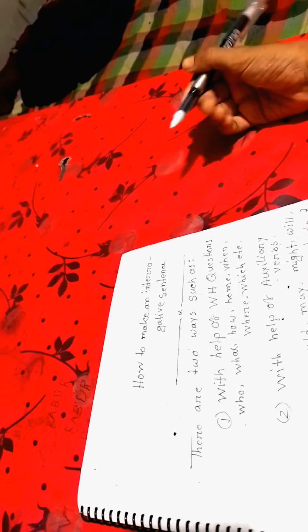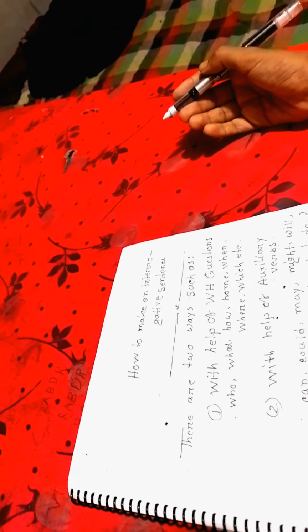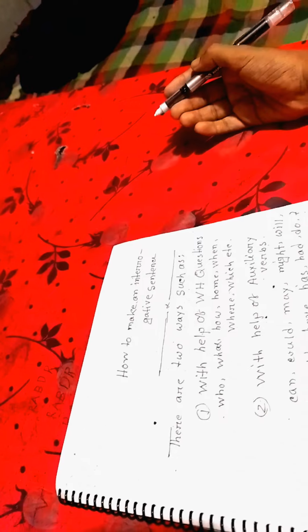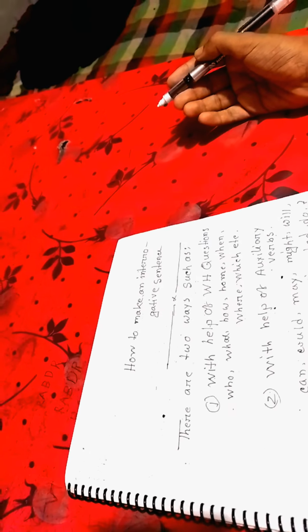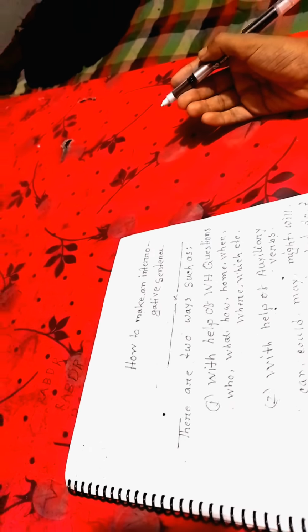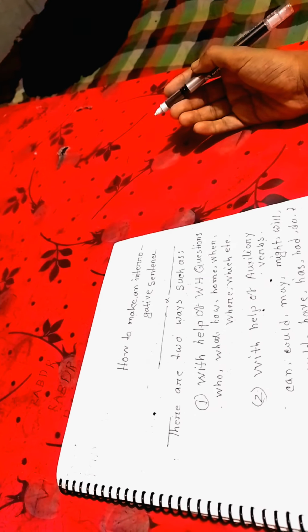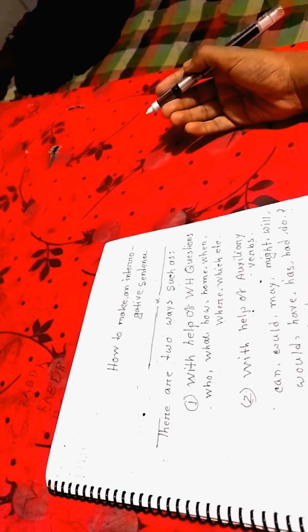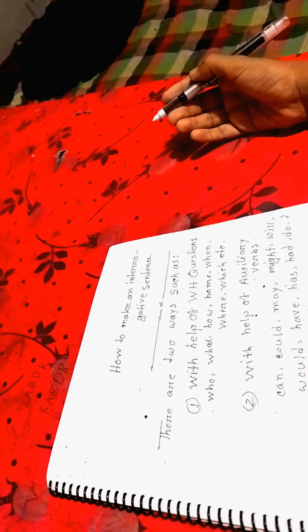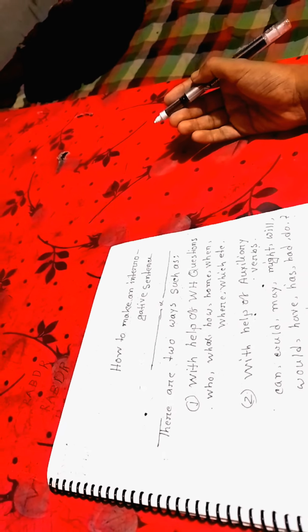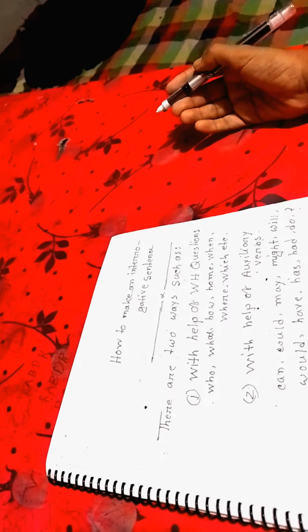Dear learners, we have to practice basic spoken English and communicate with others in our daily life. So we have to ask anyone questions, and we need to make interrogative sentences if we are going to ask anyone.